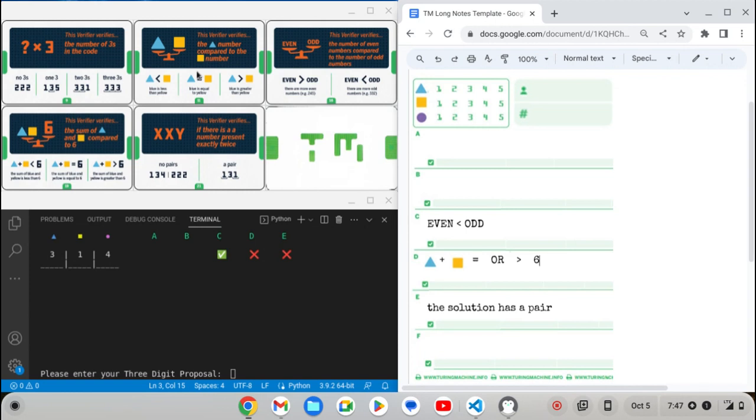So again, circle has to be forced. So maybe the sum is greater than 6, and there may be no 3. And so the only way to get a sum that's greater than 6 would be 2 5s, maybe? And then circle would be a 1? That's the only thing that I could think of.